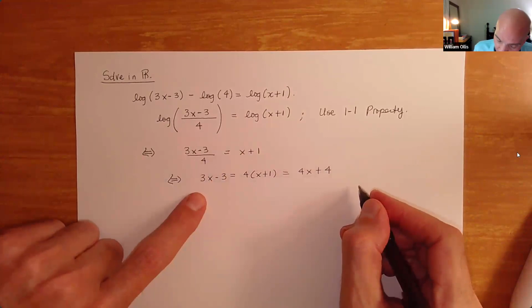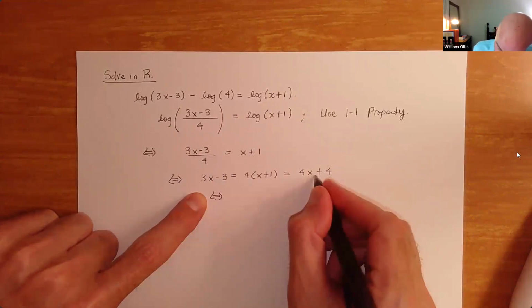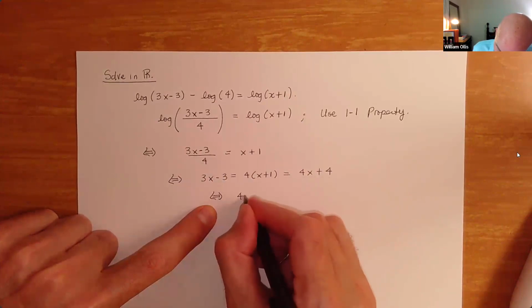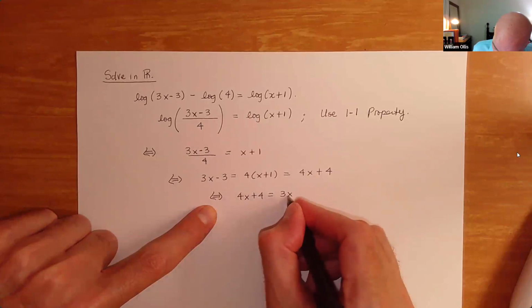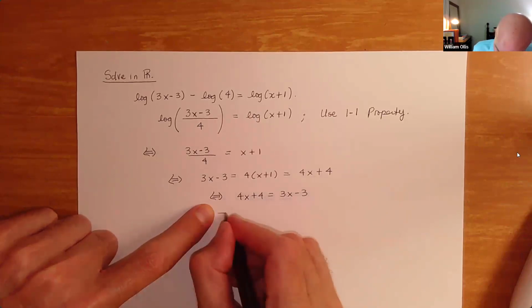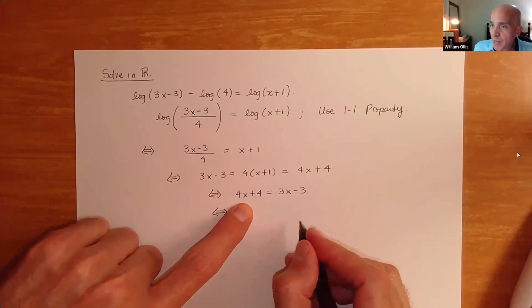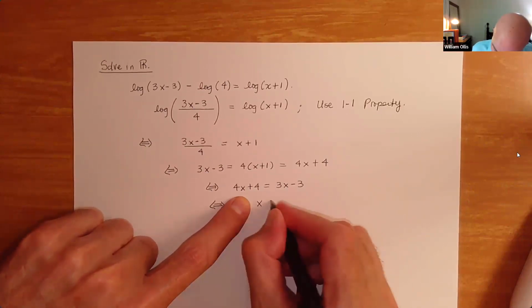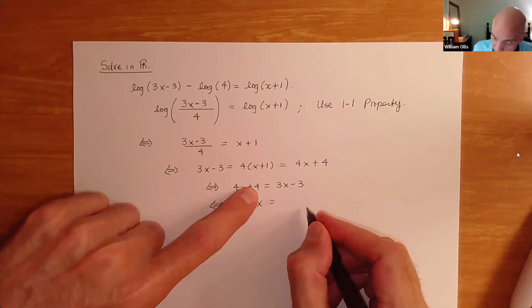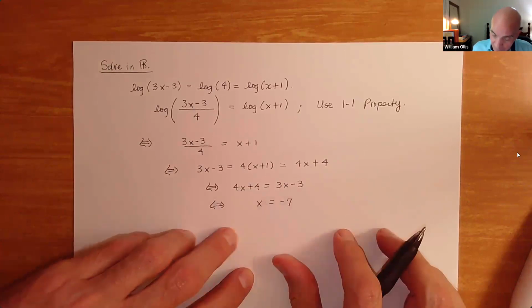And now we want to combine terms. Let me just write these so they're a little bit closer together, and I'll put this side first. 4x plus 4 equals 3x minus 3. And now we'll just simply subtract. We can put everything on one side, but this is a simple equation. So we get an x. And then, of course, subtracting 4 from -3 gives us a -7.